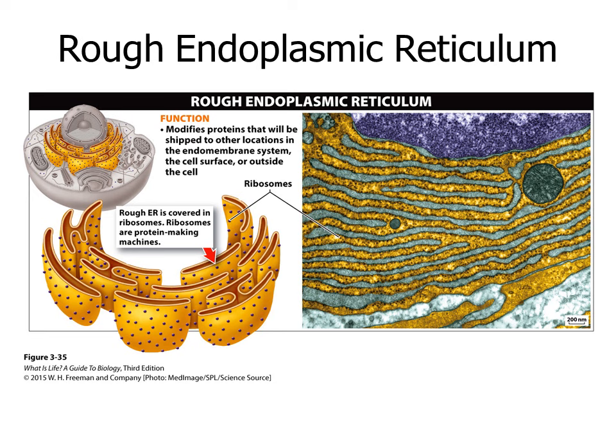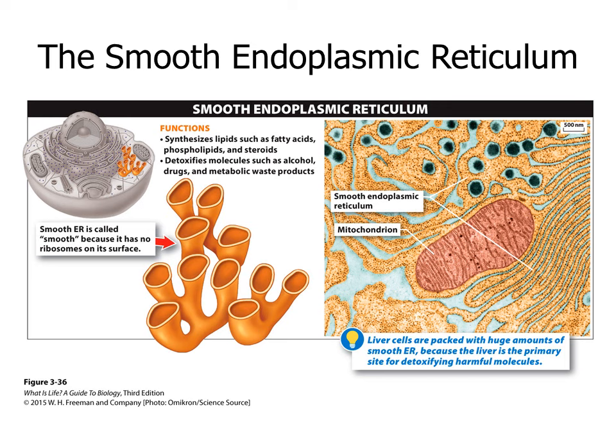Alright, so remember that the rough ER's primary job is to fold and package proteins that will be shipped elsewhere in the organism. Next is a smooth ER, called smooth because they don't have ribosomes on them. So their job is not to do anything with proteins, really.